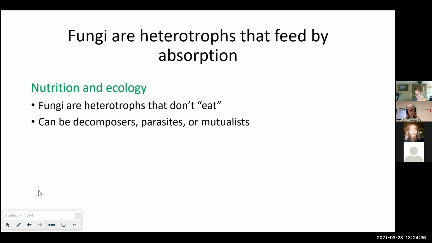So it's the reverse of what animals do in one sense. Fungi can be said to digest first and ingest second, if that makes sense. They can be decomposers, parasites, or mutualists.